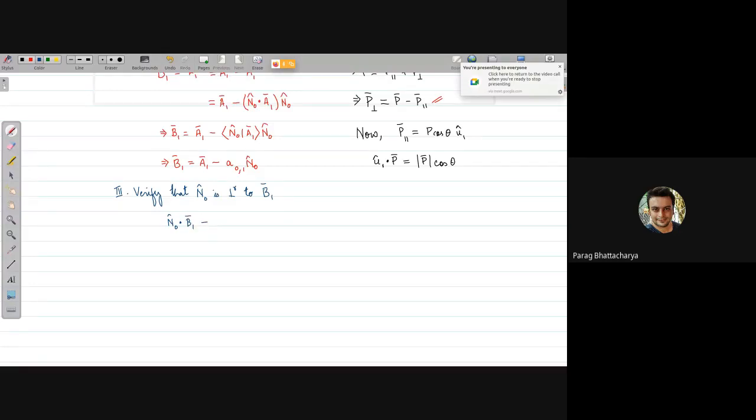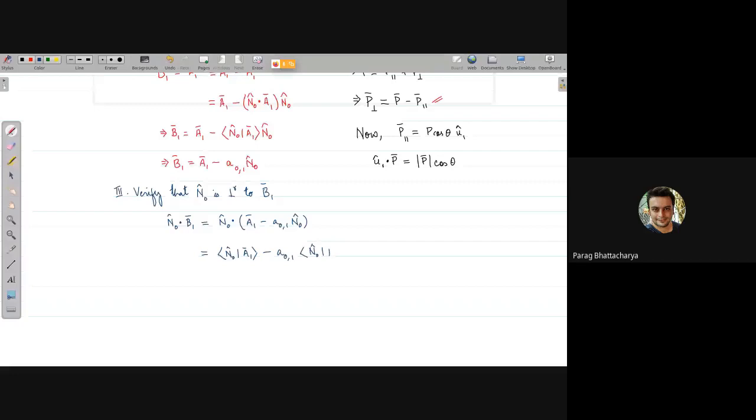So n naught cap dot b1 is a1 minus a0 comma 1 n naught cap, and over here this is nothing but the scalar product of n naught cap with a1 minus, this is a constant so it will come outside, a0 comma 1, and then we have the scalar product of n naught cap with itself.